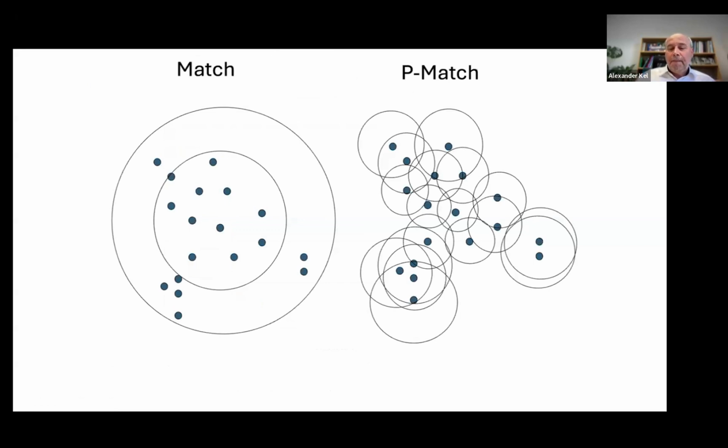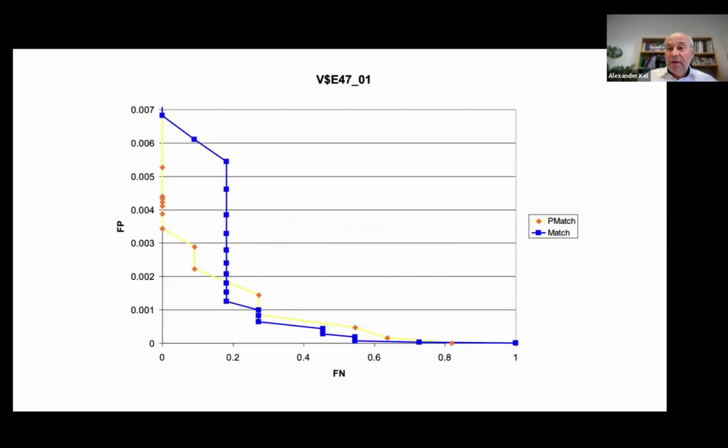And our experiments demonstrated, in fact, that for about half of the content of TRANSFAC, so if we consider all position weight matrices in TRANSFAC and compare match and pmatch, only for about half does pmatch give a better false positive error rate compared to match.